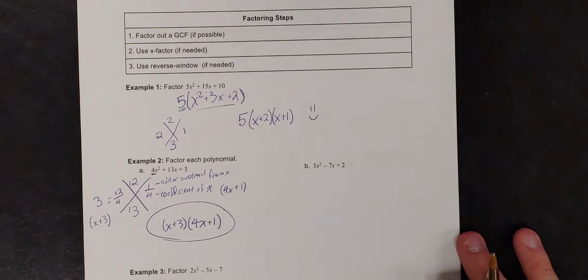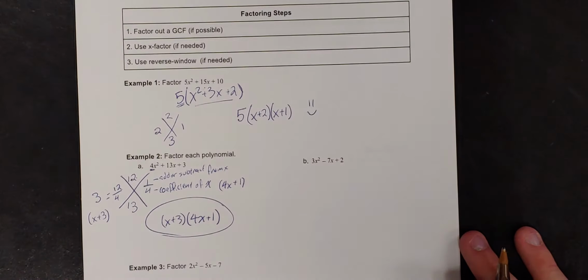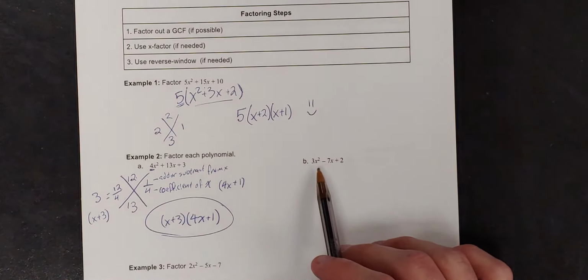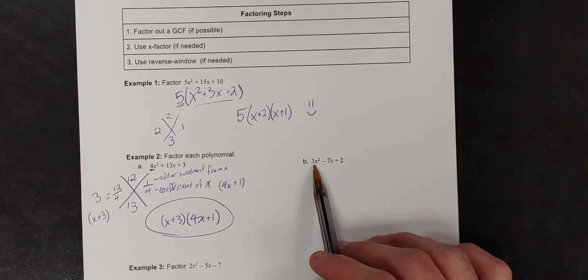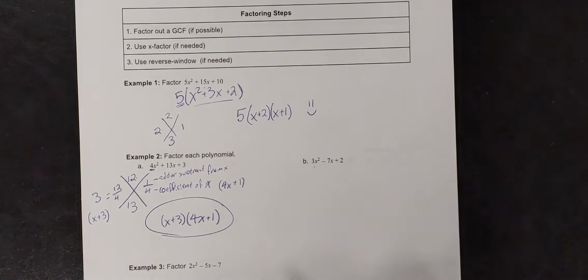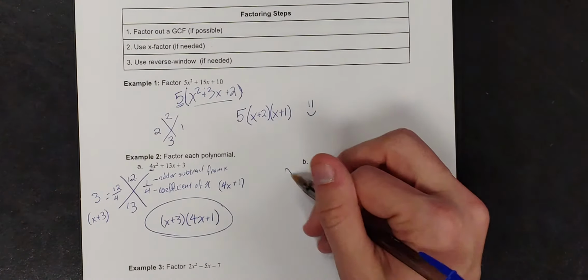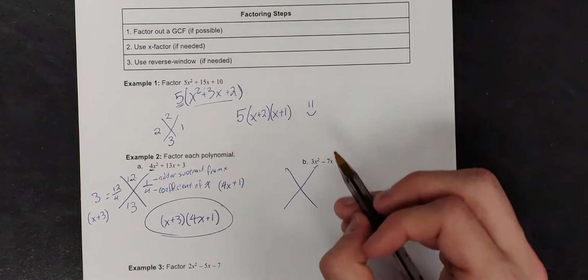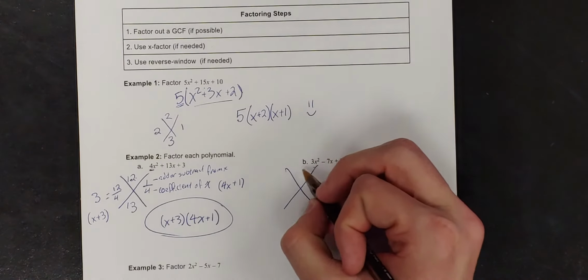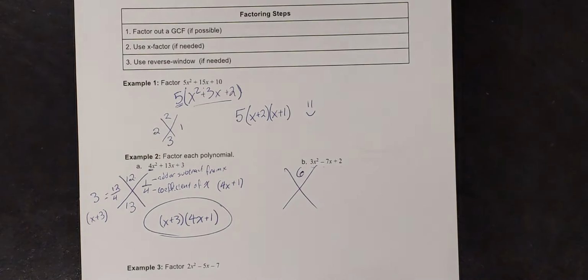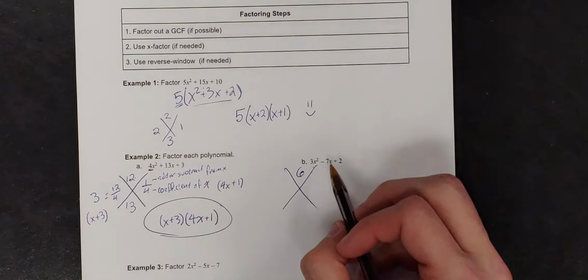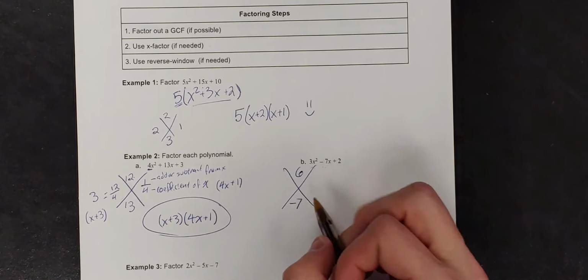If we slide on to b now, 3x squared minus 7x plus 2. Unfortunately, again, we don't have a GCF, so we're just going to jump right into the x method. 3 times 2 gives me 6, and that's what goes up top. The negative 7 goes below.